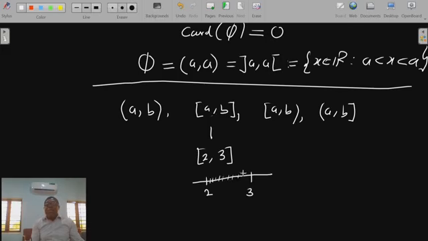There are uncountable number of points that lie between 2 and 3, 2 and 3 inclusive. And for that reason, the cardinality of the set of points lying between 2 and 3 is not a natural number. And therefore, this set is not what? A finite set.